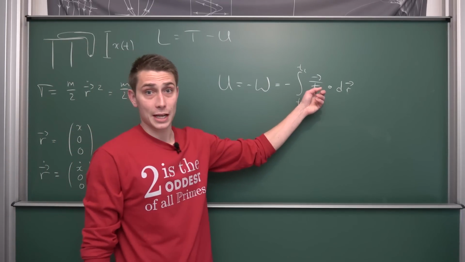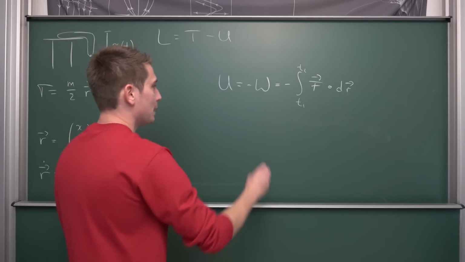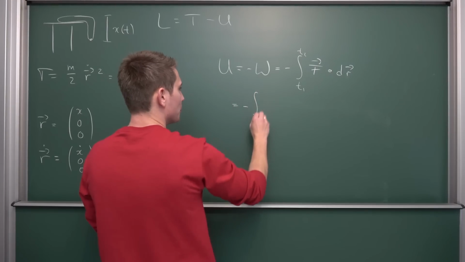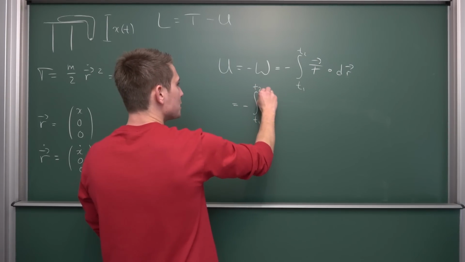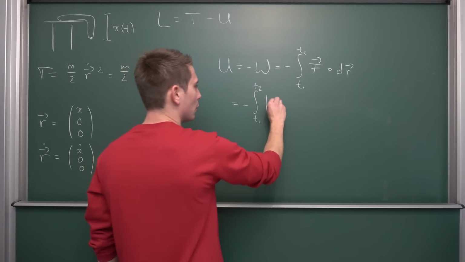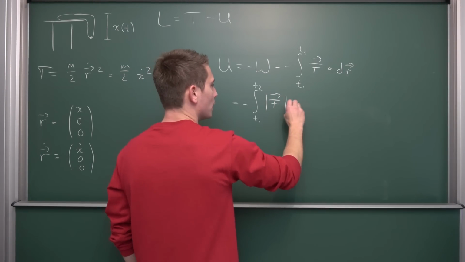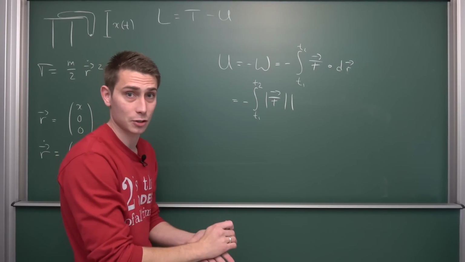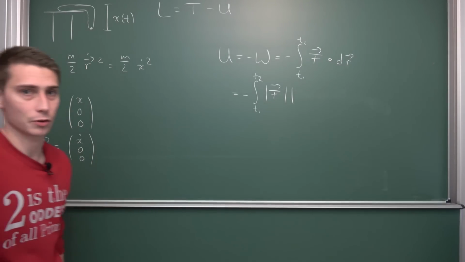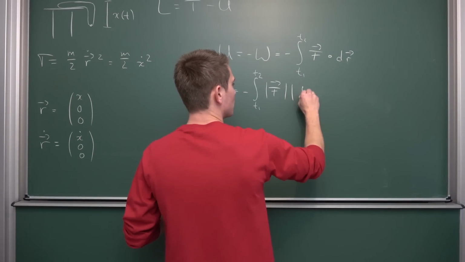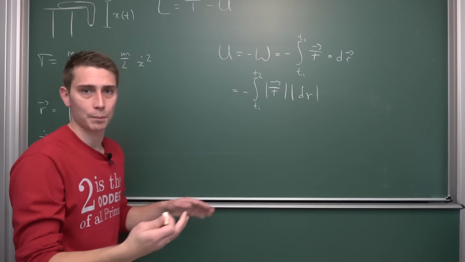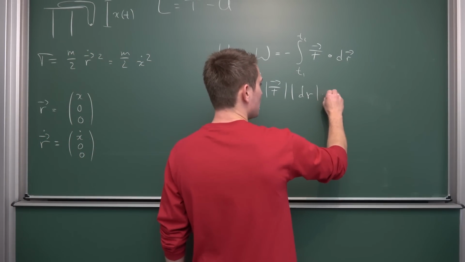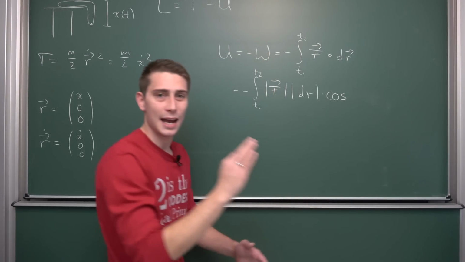But there's another formulation for the scalar product, namely that it can be interpreted as follows: we take the magnitude of our force F and multiply it with the magnitude, or the Euclidean norm, of our infinitesimal, times this angle part.